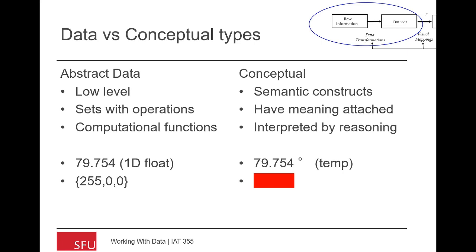So for example, one of the elements in the table might be real numbers here, which might be represented as a one-dimensional floating point number, to speak computer for a second. You might have another item that has a triple of values like 255, 0, 0 in braces, that might represent something, but has some kind of usage in a different field.